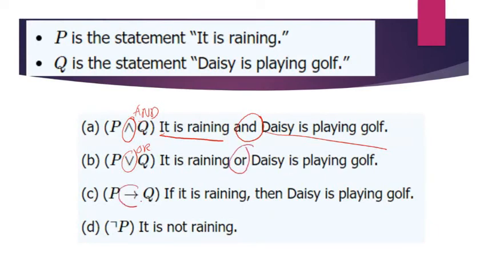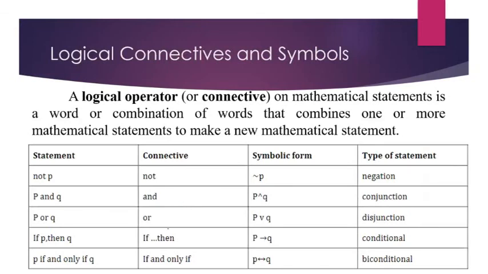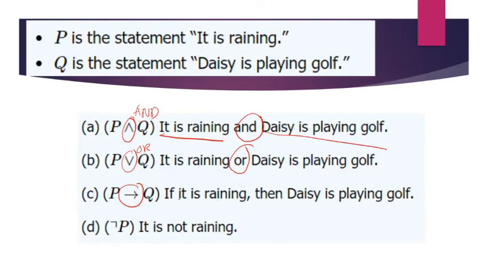While ito is biconditional. So, if then. So, if it is raining, kumbaga, lagyan mo lang ng if yung first statement, then, yung second statement man, lagyan mo ng then, Daisy is playing golf. So, may condition. So, kung umuulan, maglalaro si Daisy ng golf.